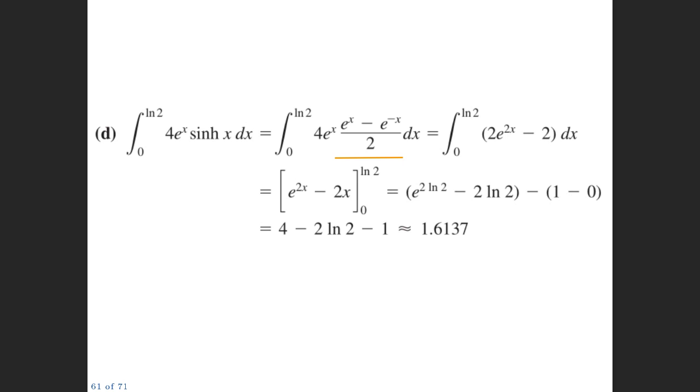So really, we're just integrating 2 e to the power 2x minus 2. And we know how to do that. So you should be able to finish this yourself. And the final answer would be, well, 4 minus 2 ln 2 minus 1. Actually, the final answer should be 3 minus 2 ln 2.